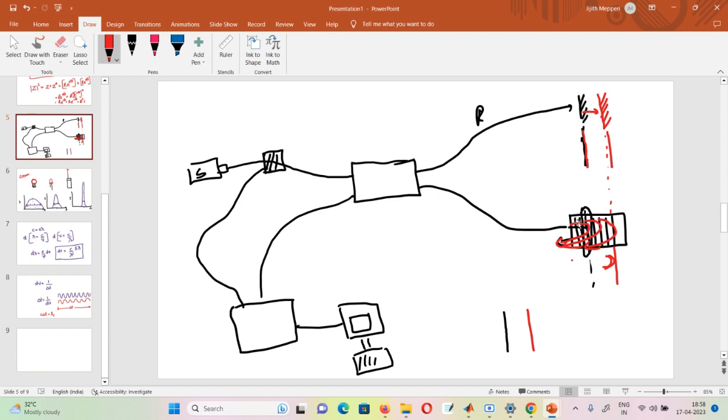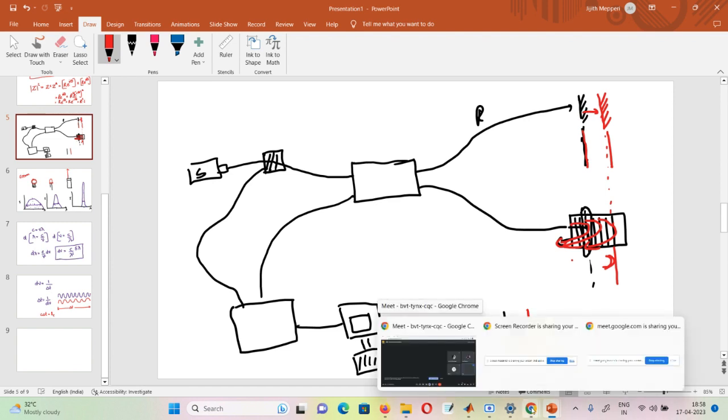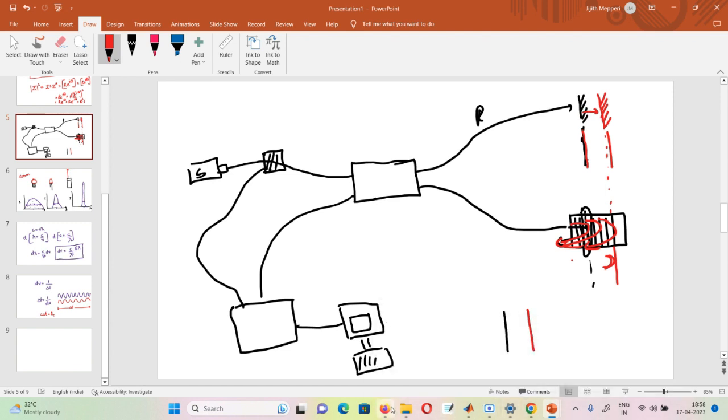You will have different reflections from different sample areas, but only that particular sample which is matching the coherence length of your reference beam mirror arrangement will create the image. Okay, so your option A is correct.